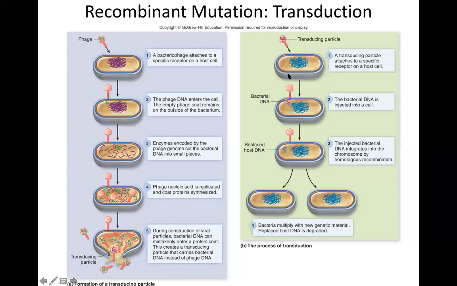And so when it goes on to infect a cell, like a virus does, it attaches, and instead of inserting viral DNA, it inserts bacterial DNA. And then that bacterial DNA finds the homologous area of that bacterial chromosome and replaces the existing host DNA. And now you have a slightly altered bacterial chromosome.